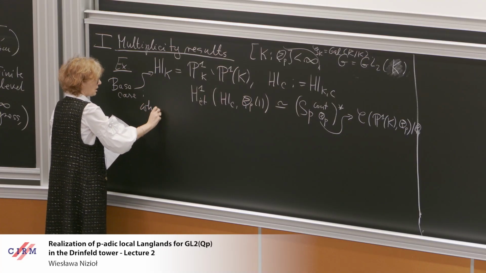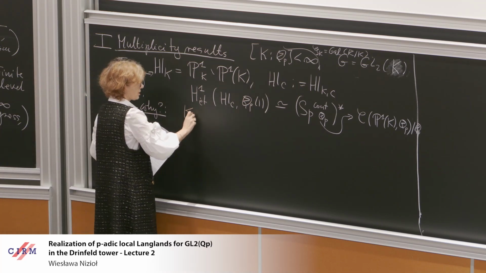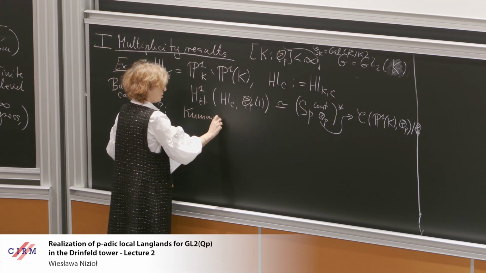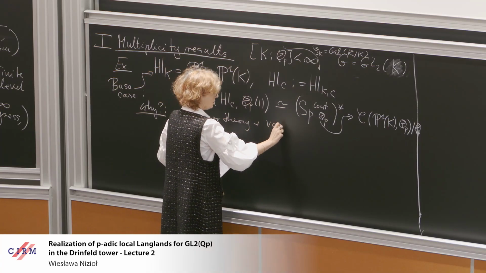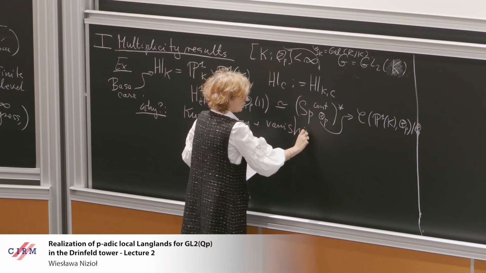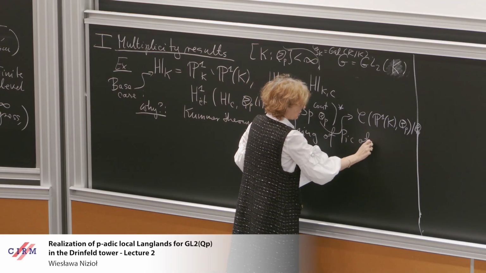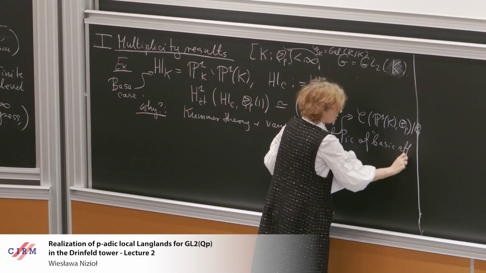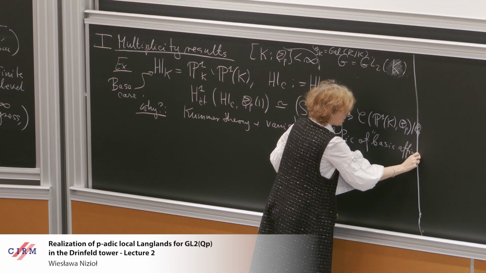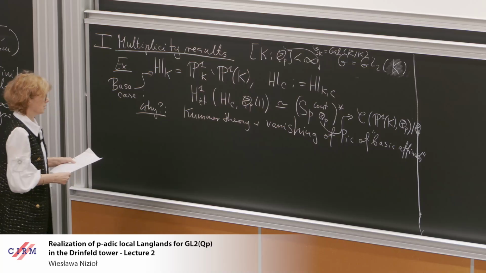So let me mention why. It's a very elementary computation. You use Kummer theory plus vanishing of Picard groups of these basic affinoids, standard affinoids which cover the Drinfeld space.